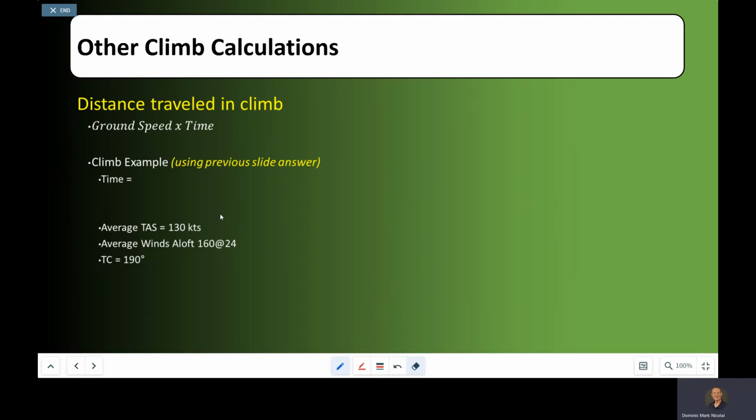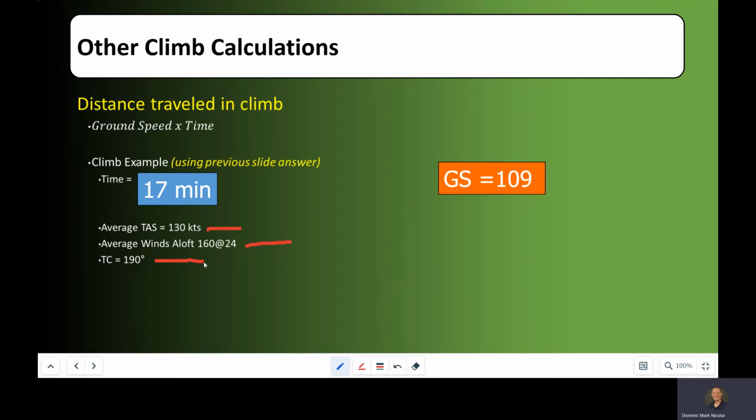If we take the answer from the previous slide, 17 minutes, averaging 130 knots of true airspeed, with winds 160 at 24 and a true course of 190, we could find a ground speed of 109 knots. You can go back after class during review and practice coming up with 109 here.